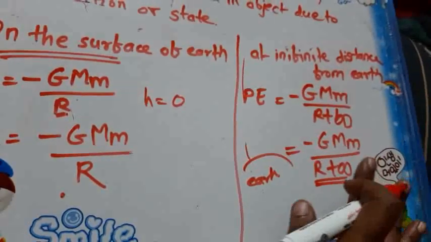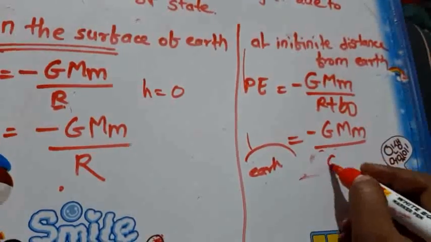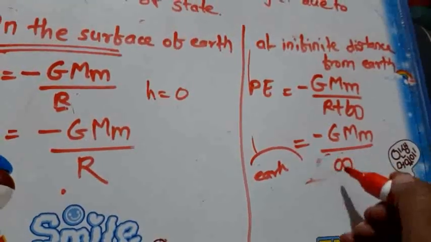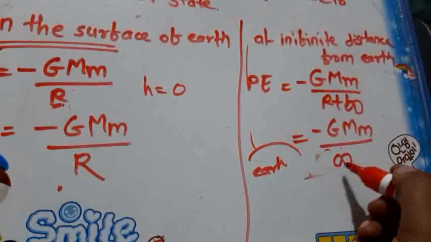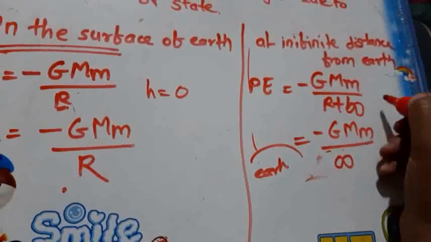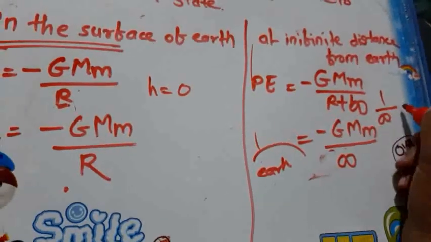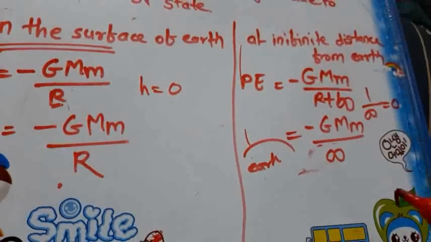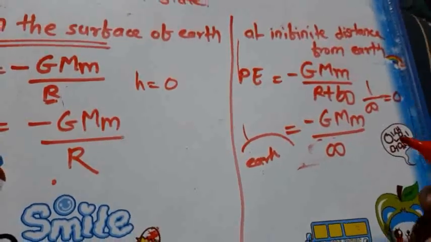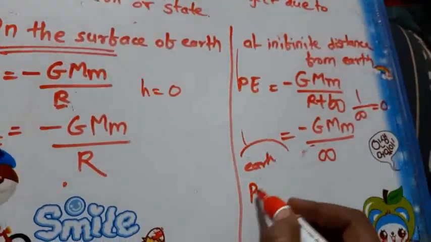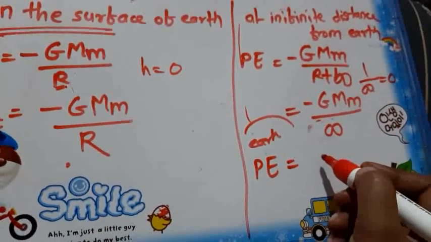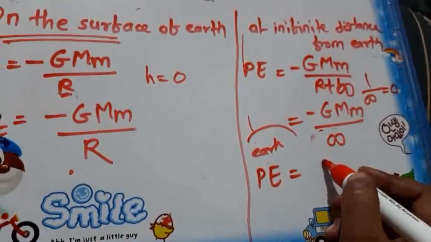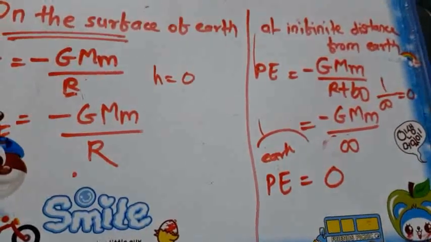Thus this total term will become infinity, since in infinity r is added, again infinity. That's why this whole term becomes infinity. So something upon infinity, its answer will be 0, or 1 upon infinity, its answer will be 0. So when the object is at infinite distance from the earth, its potential energy will be 0.